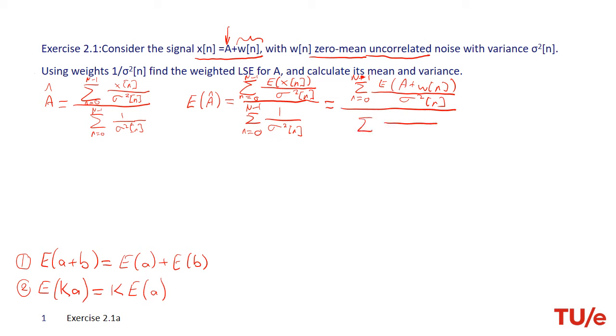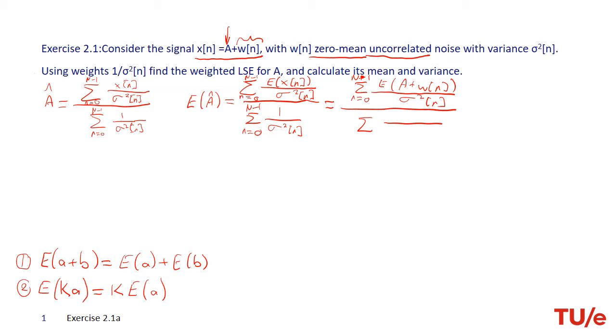I'm not writing it again. It's the same thing. So we are dealing with this one. And the expected value for a deterministic value is the value itself.